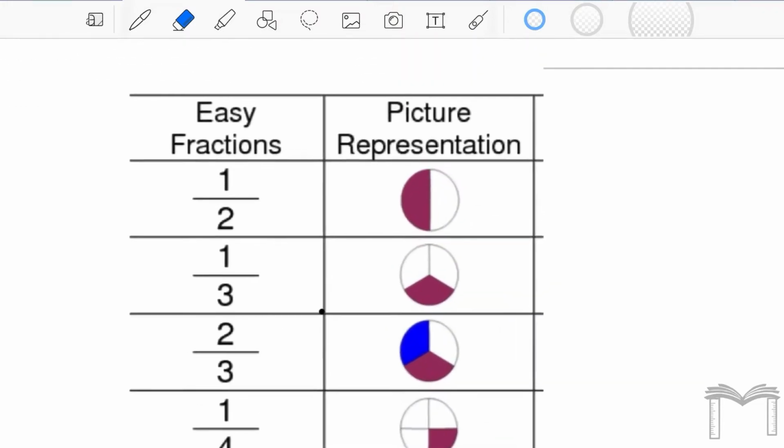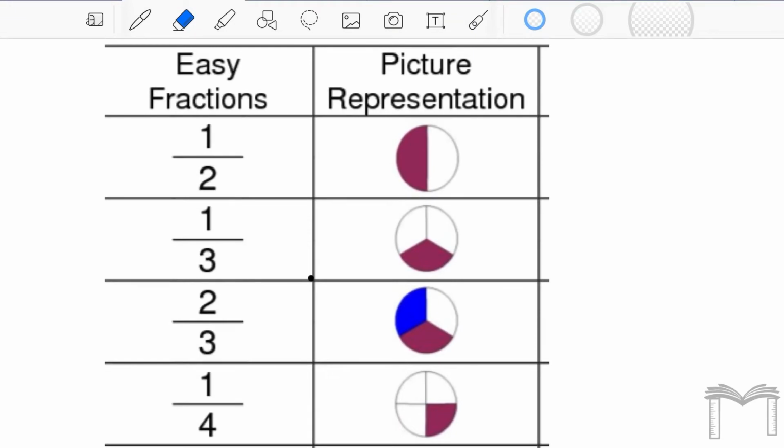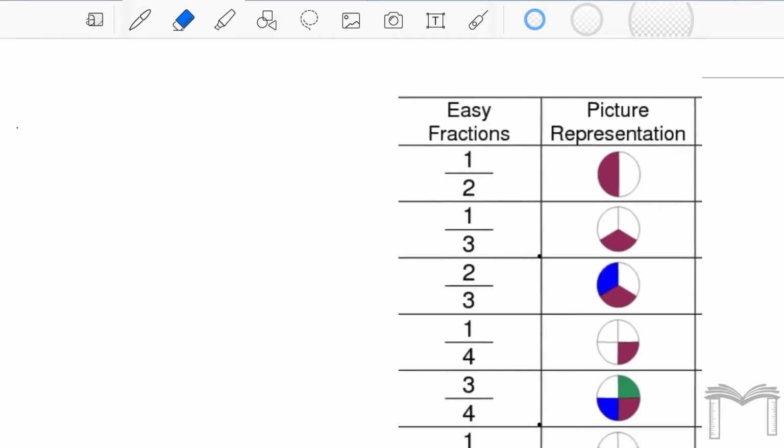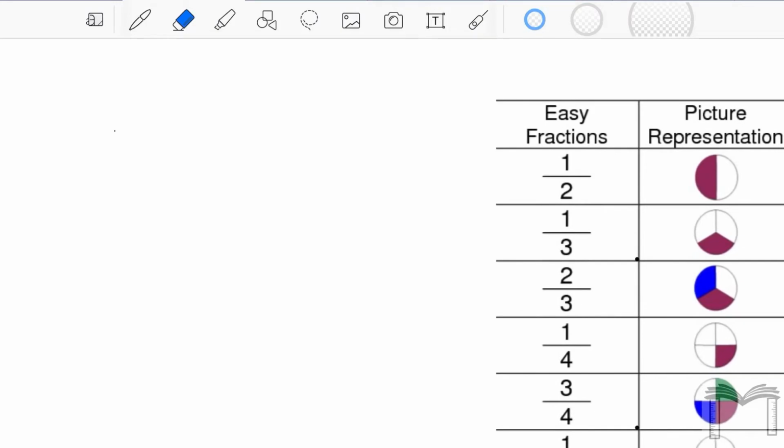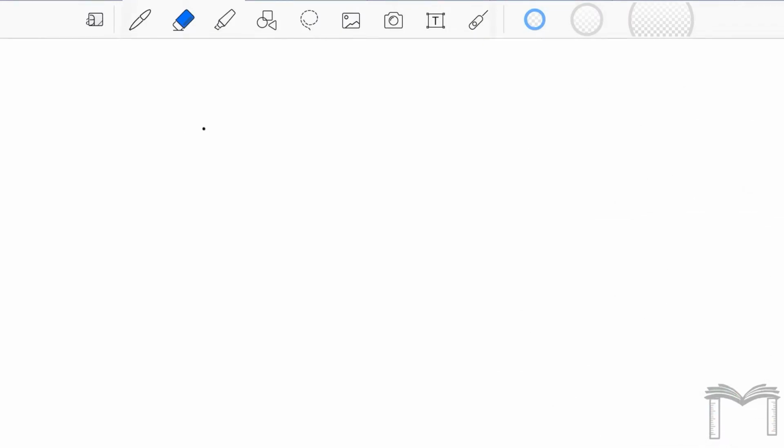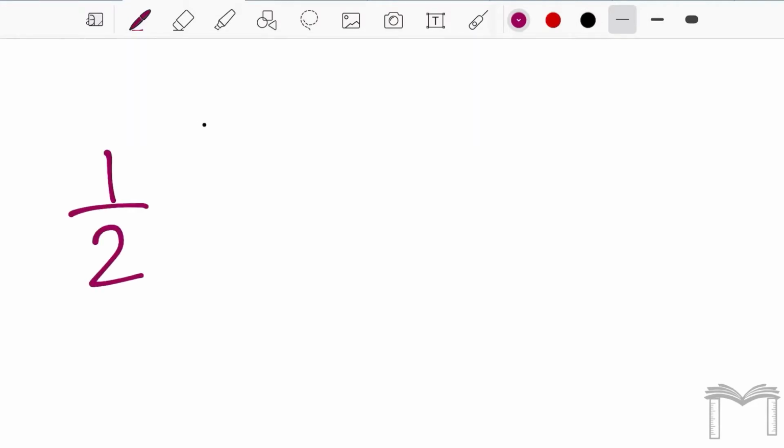We will now attempt to convert these fractions to decimal fractions and percentages. So let us begin. Half. There are really two ways that we can convert this, or two ways I will show you.